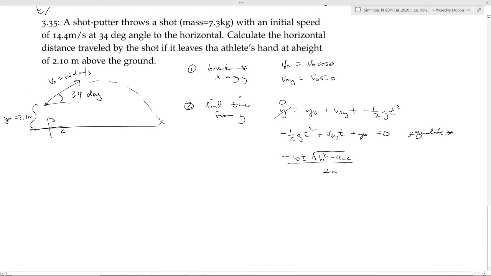You could plot this as well. Like I mentioned to you in the past, be careful with these quadratics. It's easy to make mistakes about things like signs that can get you turned around. But what you would do then is you would use this to find the time.